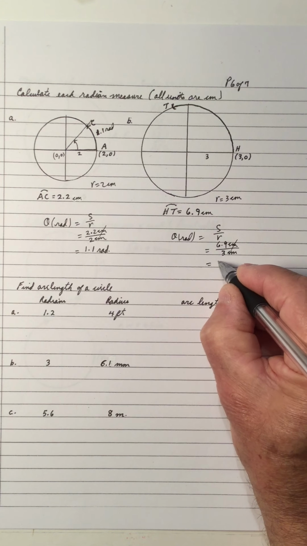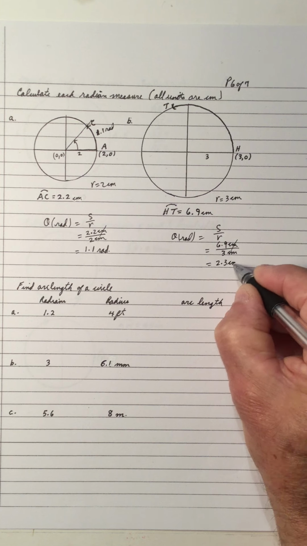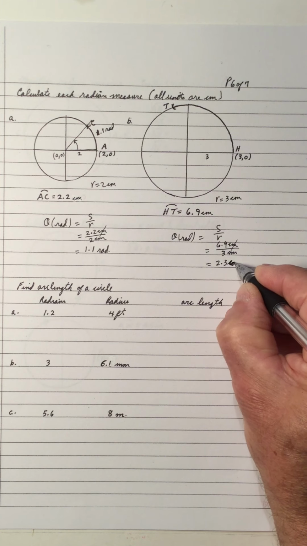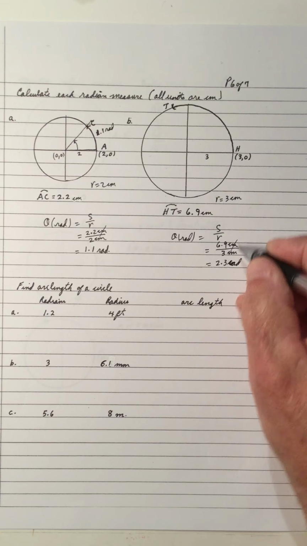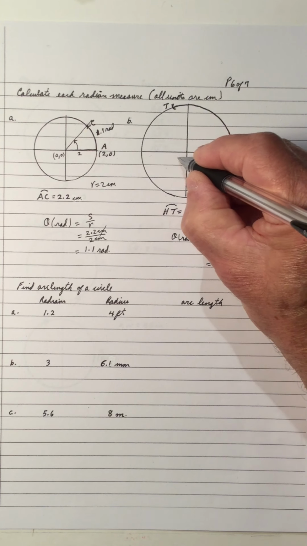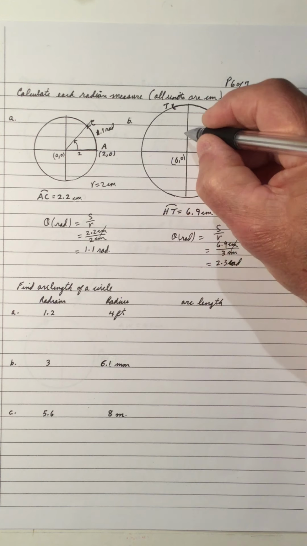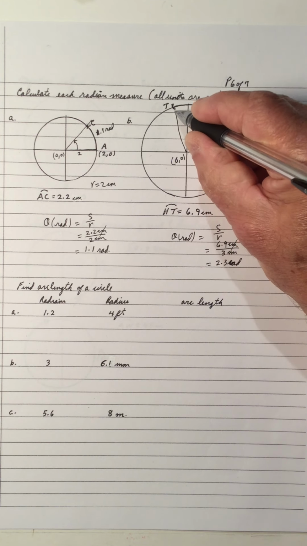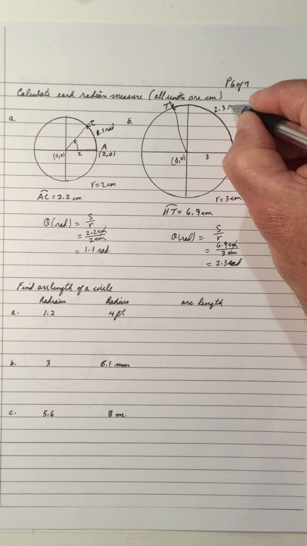Centimeters cancel, and I get 2.3 radians. So if you draw a terminal arm out through like that, this rotation here is 2.3 radians.